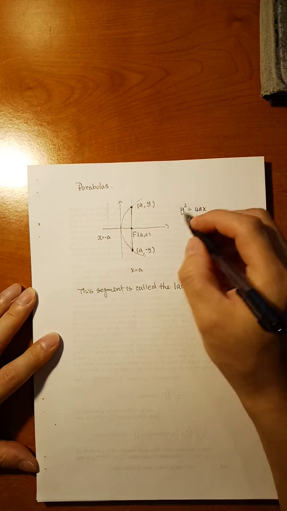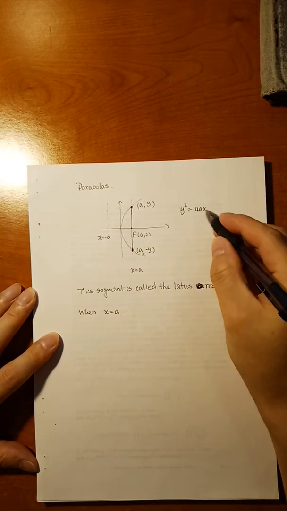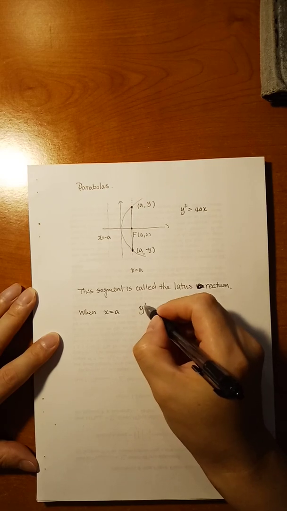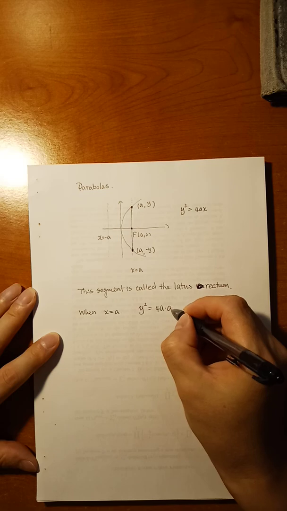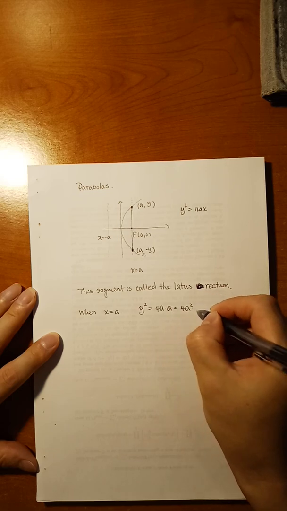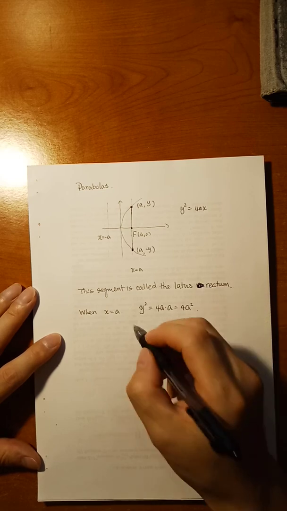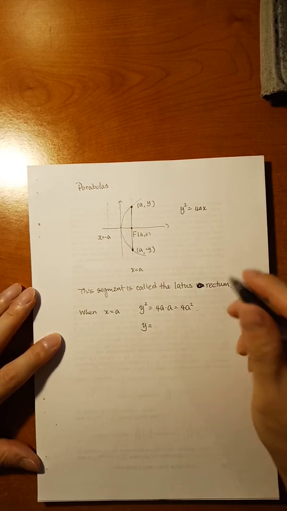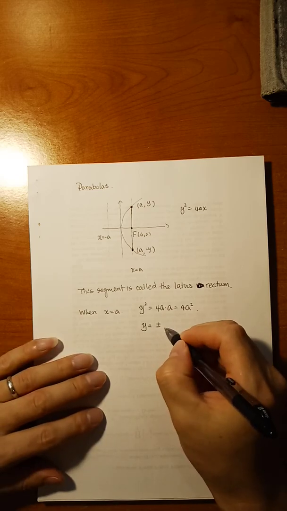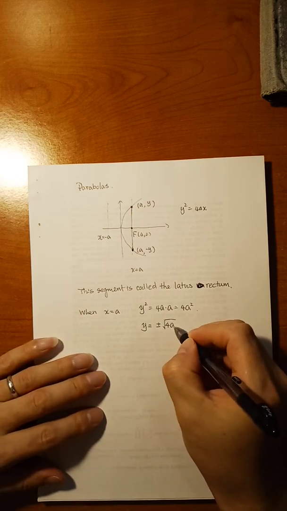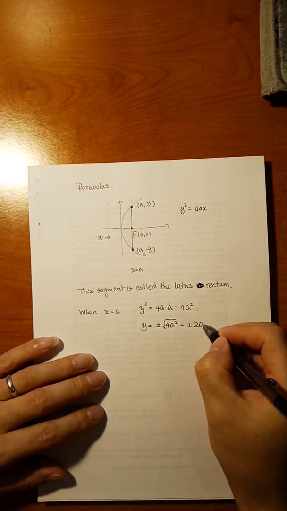So when x is equal to a, y squared is 4a times a, which is 4a squared. Y squared is equal to 4a squared, then you take the square root. Remember, when you take the square root, you have plus and minus. You have plus minus the square root of 4a squared, which is plus minus 2a.